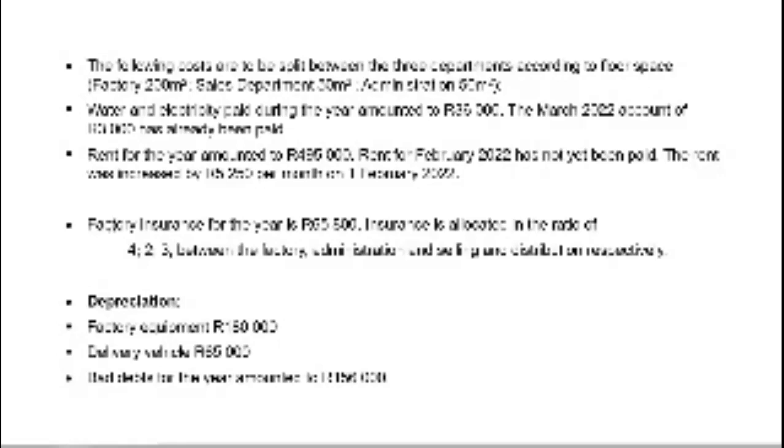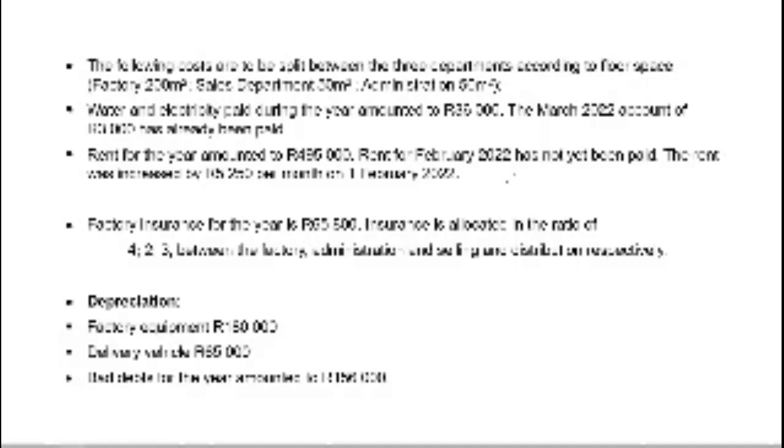Now here I know that my rent per month was 45,000, and from February it won't be just 45,000. It will be 45,000 plus this 5,250, which will give me 50,250. That 50,250 will be rent for February.